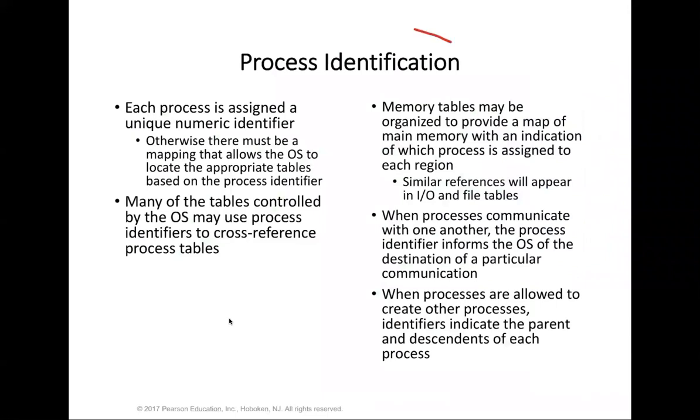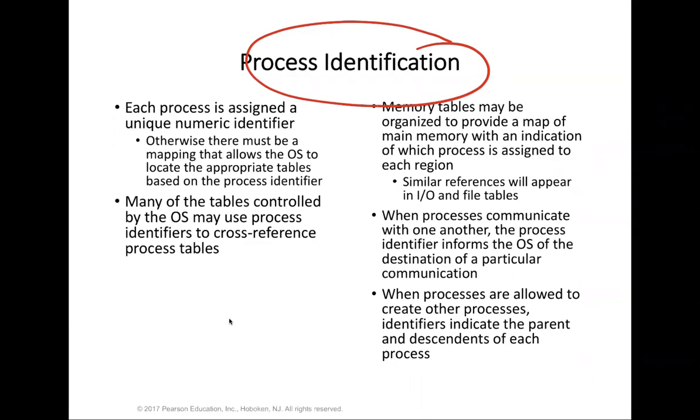With respect to process identification, as part of the process control block, in virtually all operating systems, each process is assigned a unique identifier, which may simply be an index into the primary process table. Otherwise, there must be a mapping.